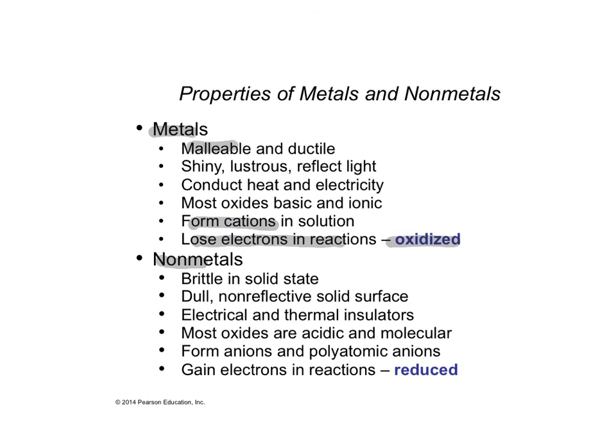They're malleable, they're ductile, and they conduct heat and electricity well. Nonmetals tend to gain electrons in reactions, which makes them form anions, and they are not very good conductors of heat or electricity, so they tend to be insulators.